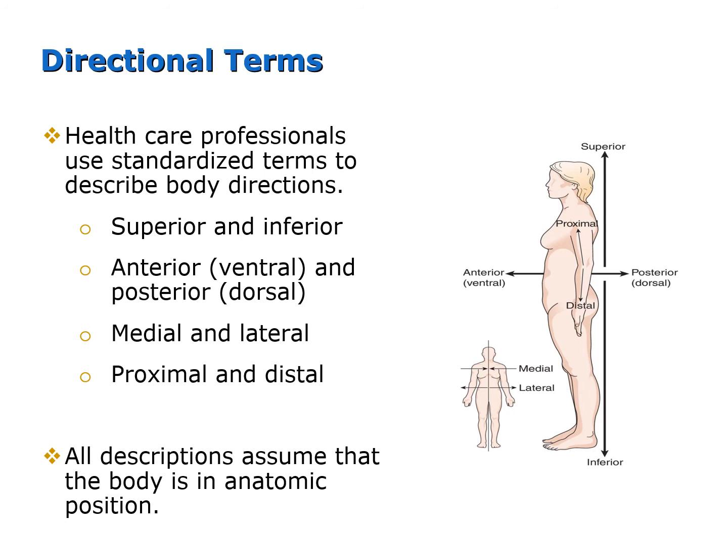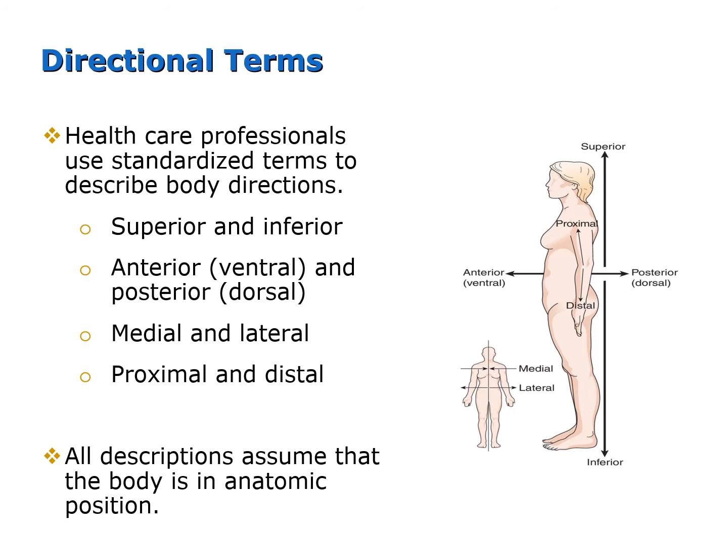Another term is medial, which means nearer to the imaginary line passing through the midline of the body, the line that divides the body into right and left sides. Medial is closer to that, while lateral, its opposite, means further away from the midline. For example, the nose is medial to the ears, or the eyes are medial to the ears.